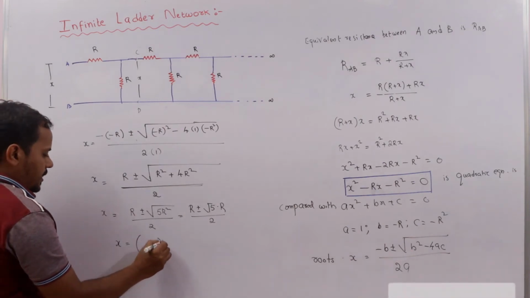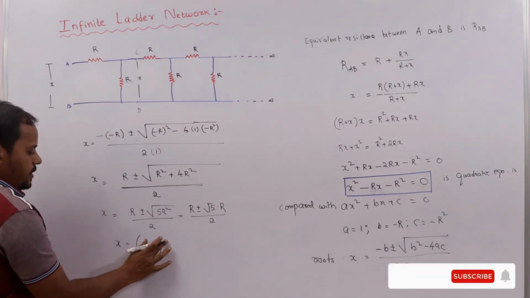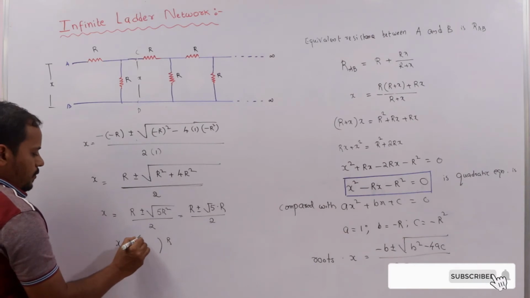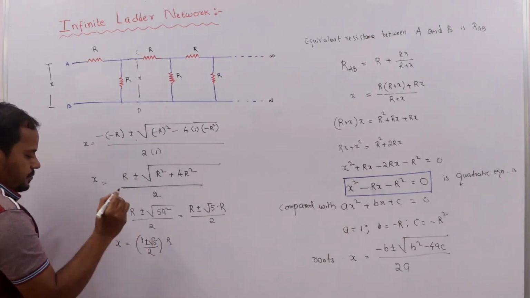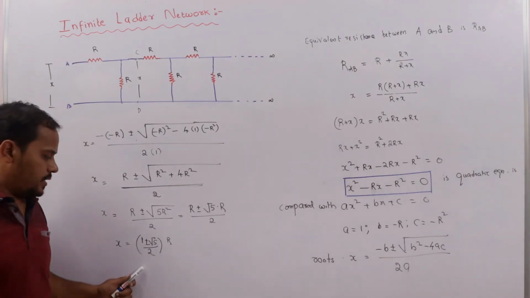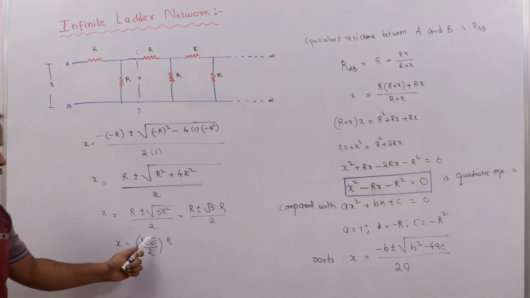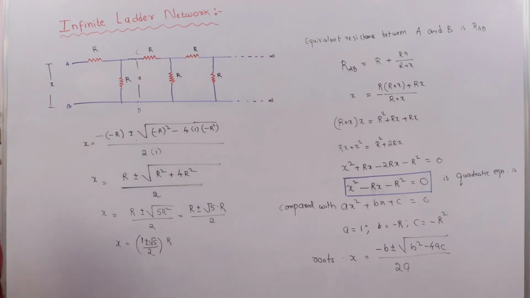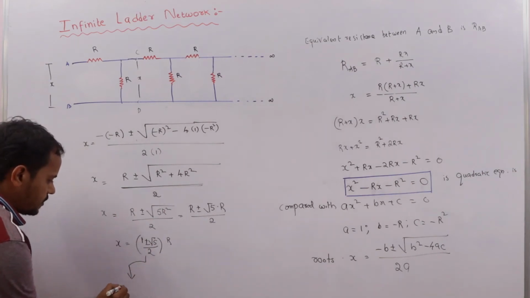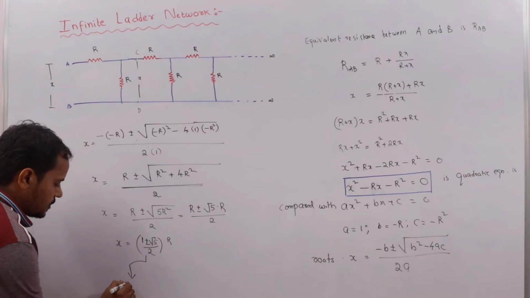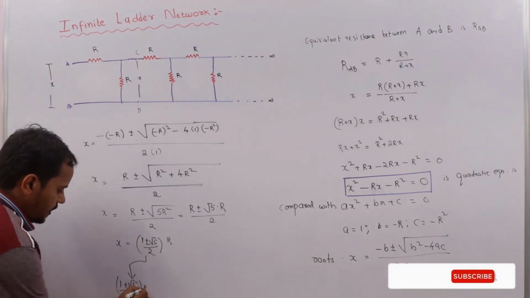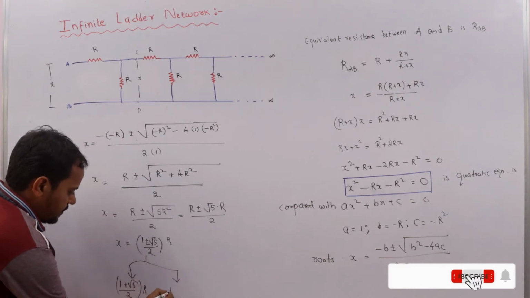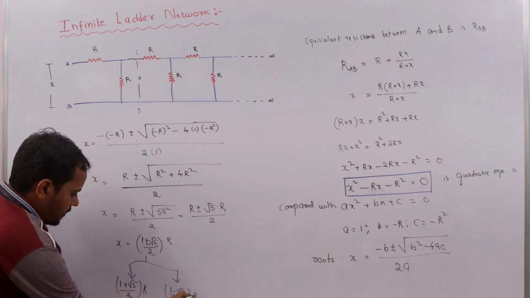After taking R as common, R common, 1 plus or minus root 5 by 2. Here two possibilities we have. One option is 1 plus root 5 by 2 into R, and the second equivalent resistance we may get is 1 minus root 5 by 2 into R.